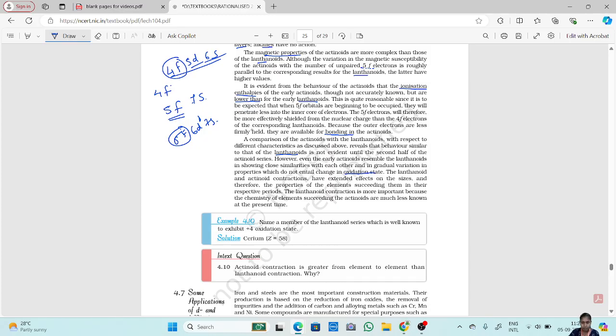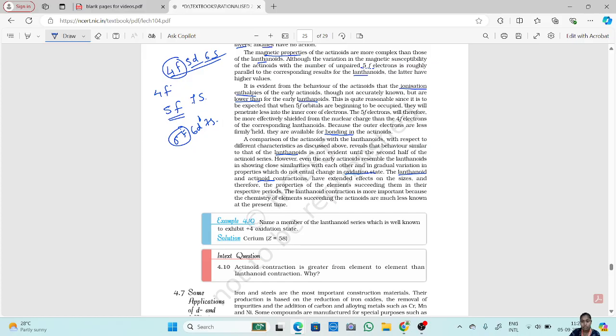You can't compare them there. Now, the lanthanoid and actinoid contractions have extended effects on the sizes and therefore the properties of the elements succeeding them in their respective periods. So there is lanthanoid and actinoid contraction, but as I told you, the actinoid contraction occurs to a greater extent as you go from element to element in the series.